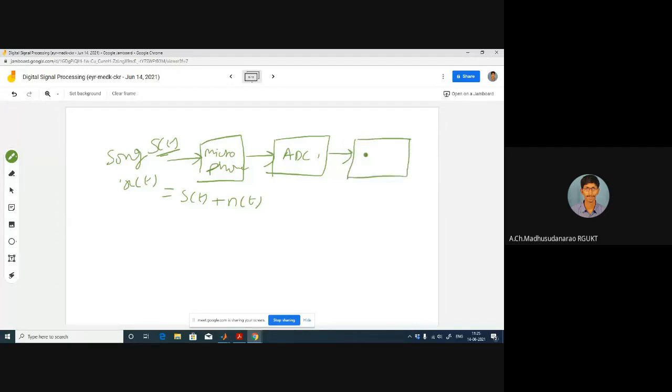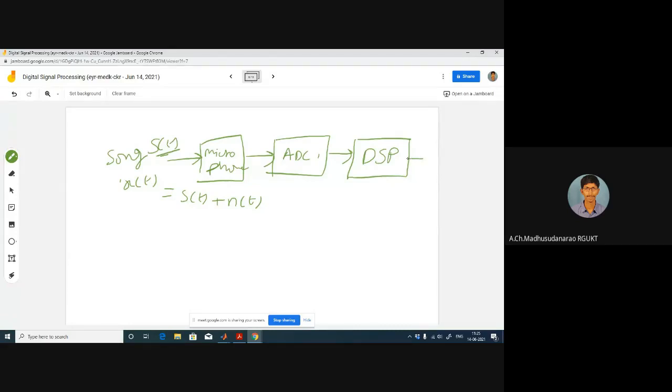After that, I am trying to remove that noise, at least that out of band noise, with the help of a digital signal processor and some memory, and writing some code for that, a low pass filter, to remove that out of band noise from the song.